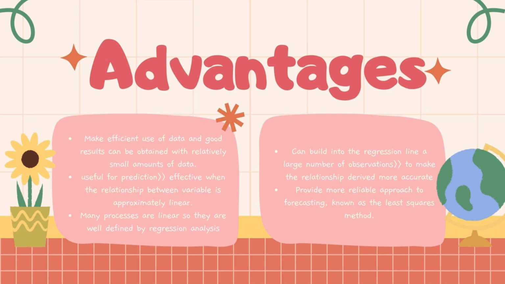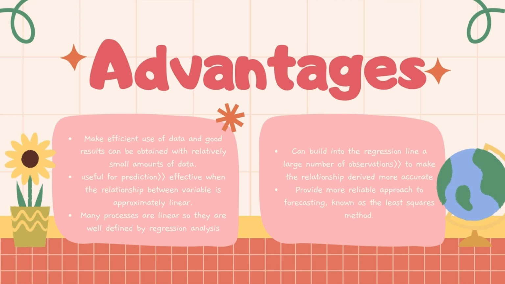It's especially useful for prediction and is most effective when the relationship between variables is approximately linear. Additionally, many real-world processes are linear, so regression analysis often models them well.